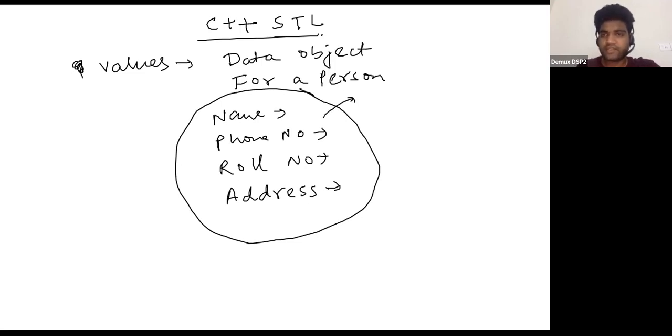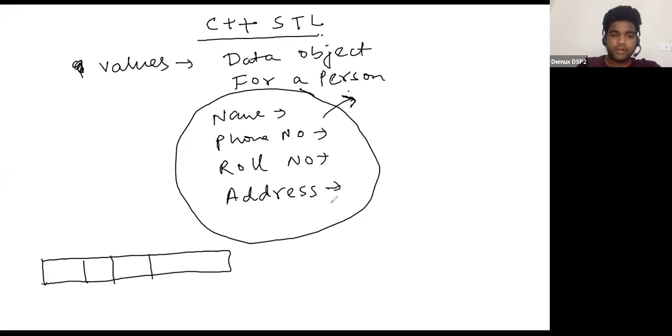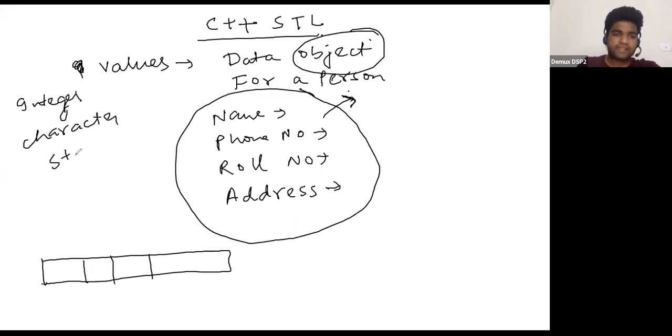Correct? So now I'm just trying to give you a little bit of a practical outlook of what kind of data is actually stored in these data structures that we are talking about. These data items that we store are generally objects. They are not primitive data types like just an integer or just a character or just a string. They are generally objects which contain multiple fields.